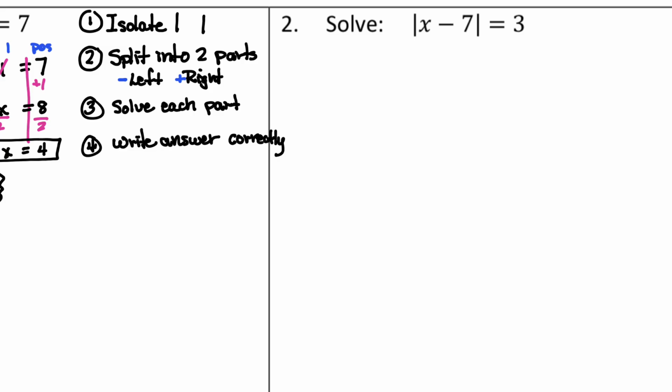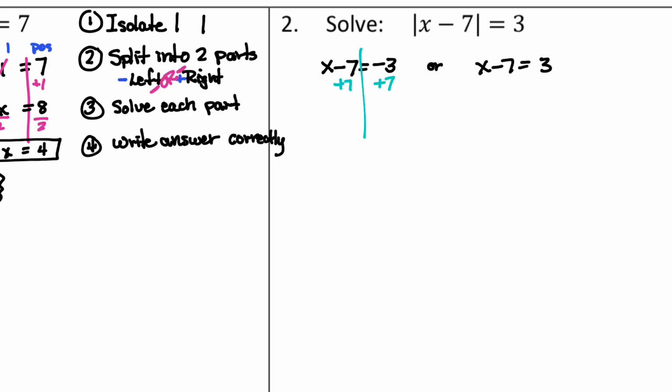Okay, so left-hand side is going to be x minus 7 equals negative 3, or x minus 7 equals positive 3. I'm going to put "or" over here in between so you remember to do that. Okay, now we're going to solve both sides.